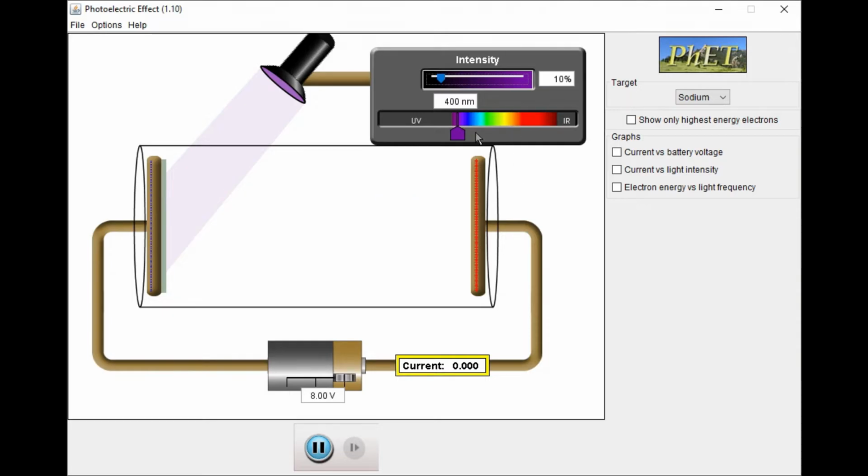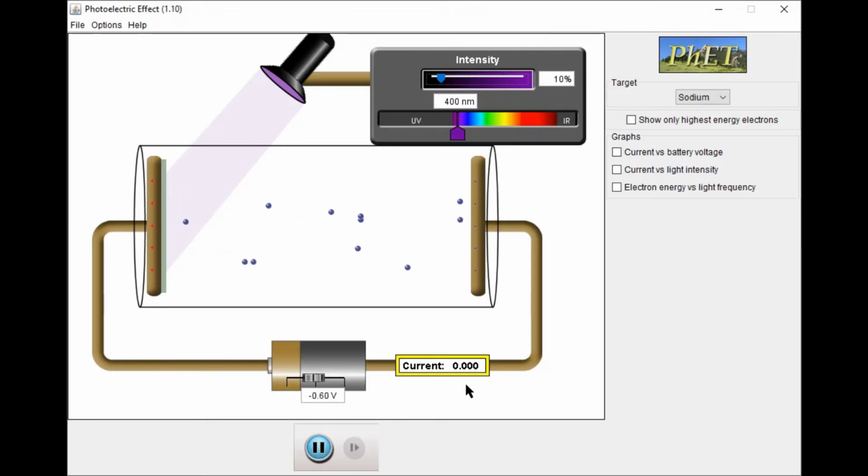For the same intensity and the same frequency, if I reverse the polarity of the battery, then I reverse the polarity of the charge on the two plates. If you make this a small negative number, you should see that there's a voltage where those electrons don't quite make it across to the other plate. If I lower it a little bit, then the electrons are able to get a little bit further, and you can see that some of the electrons are making it.